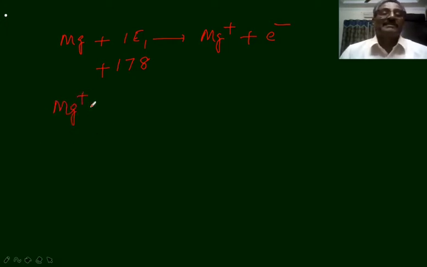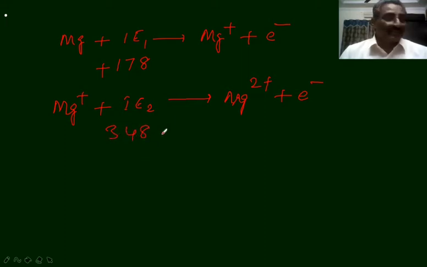Mg+, by the application of the second ionization energy, changes to Mg2+ by the loss of one more electron. Here the energy required for the loss of the second electron is 348 kilocalories per mole.